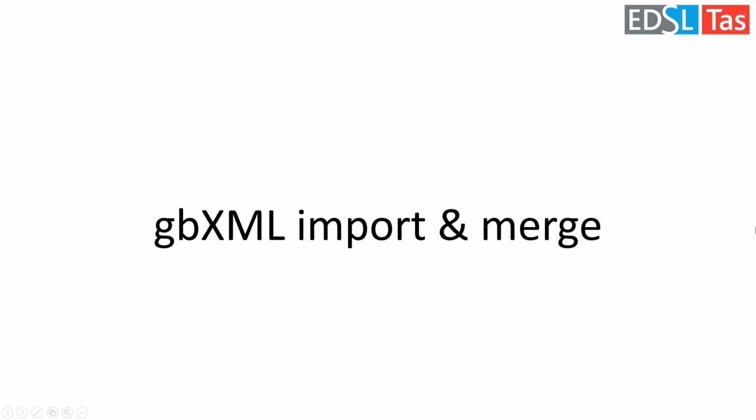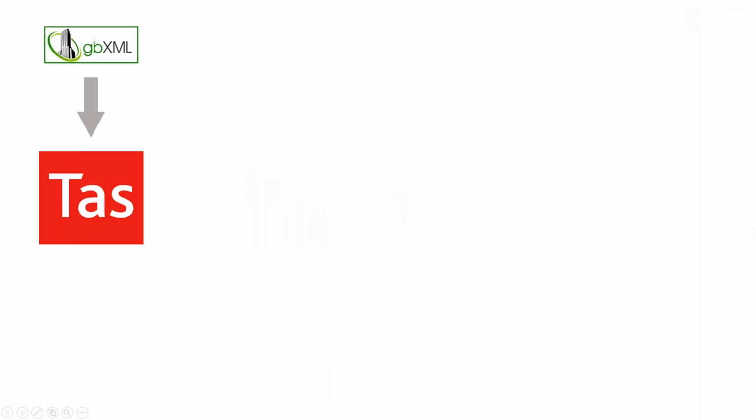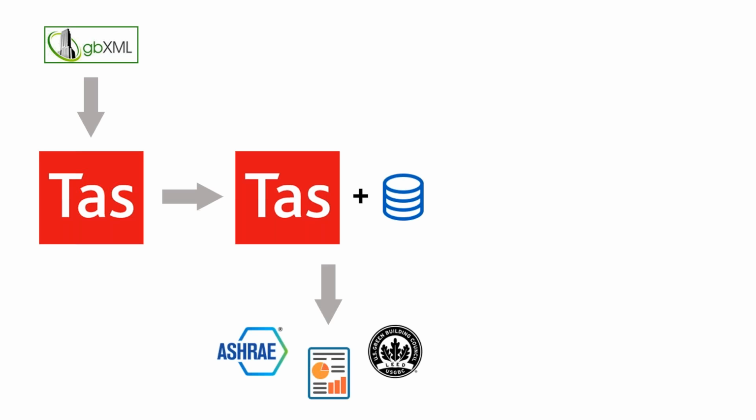So the first workflow piece is assuming you get a gbXML file from a BIM model, Revit or otherwise, and that can be imported into TAS. The next step, usually for an energy modeler, is to add remaining data in order to conduct some kind of analysis. And then at a later point in time, once analysis has been done, weeks pass, maybe it's later the same day, who knows how often the gbXMLs get updated, you get a new gbXML with new data in it.